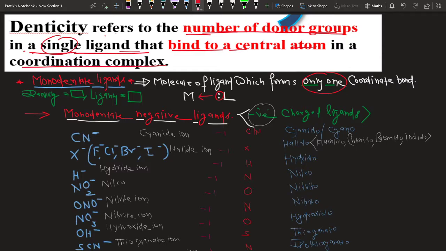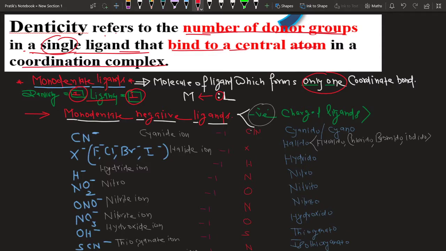Please remember, all monodentate ligands form only one coordinate bond, and the denticity of all monodentate ligands is 1. Denticity is also referred to as ligancy, so whether you say denticity is 1 or ligancy is 1.